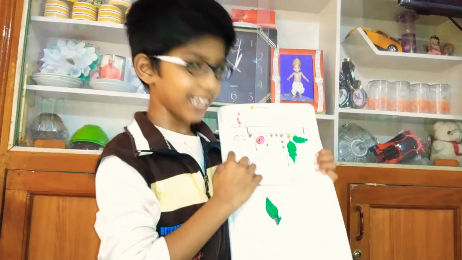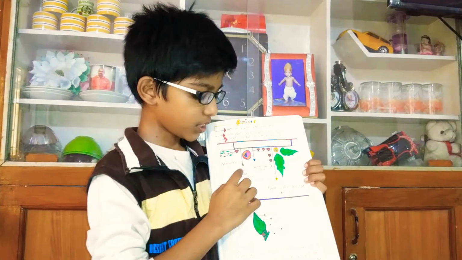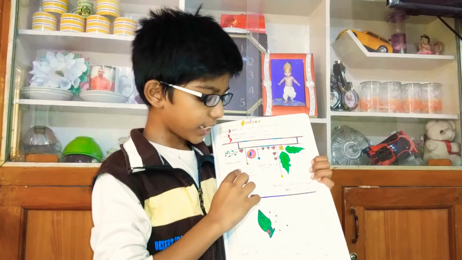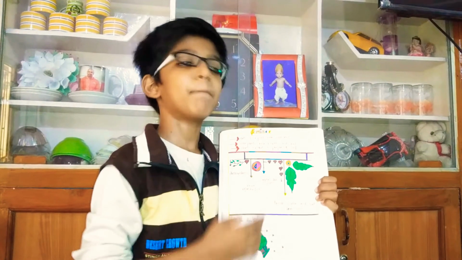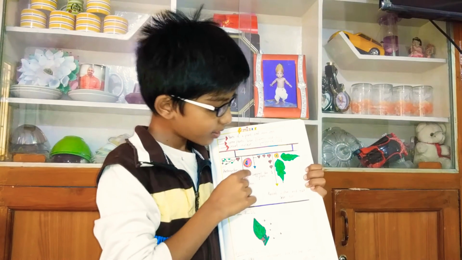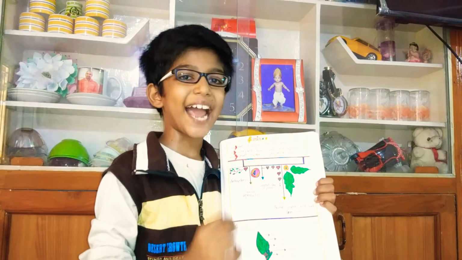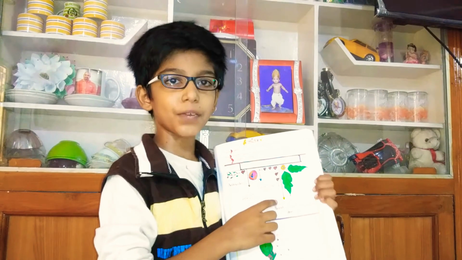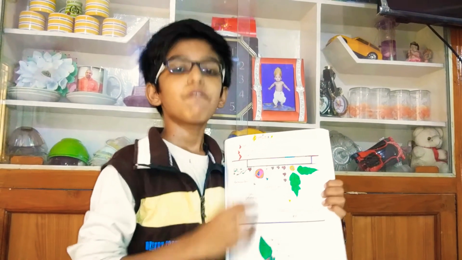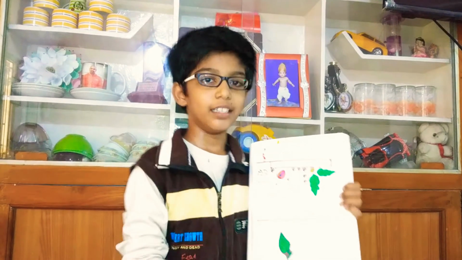Leaf gives us photosynthesis. Flower gives sexual reproduction, which forms from the buds. Stem supports the plant to stand. And the root absorbs the water from the soil.